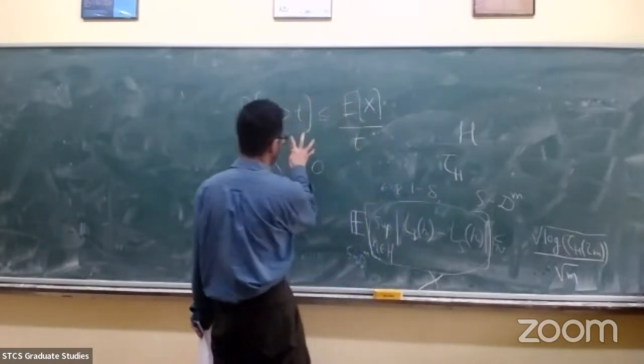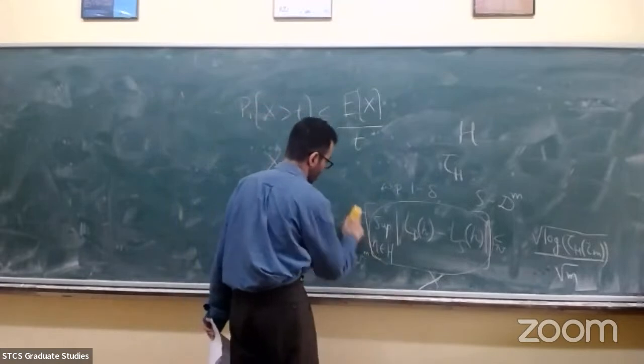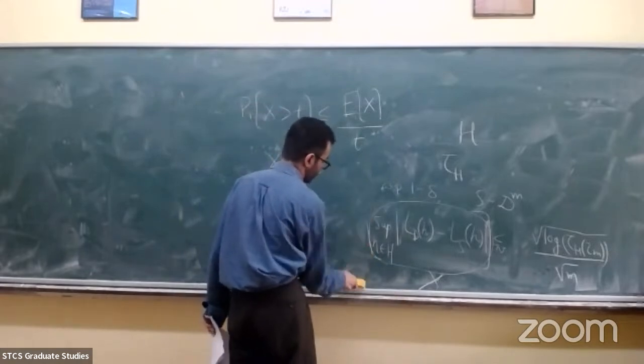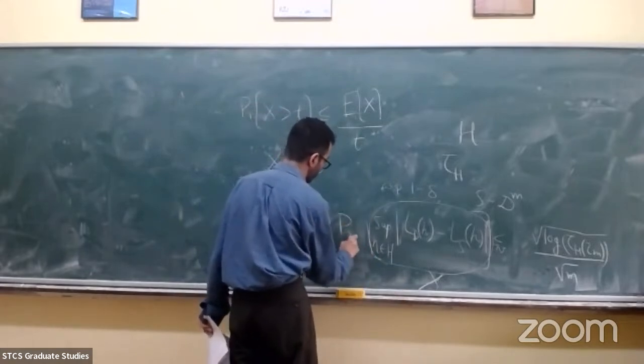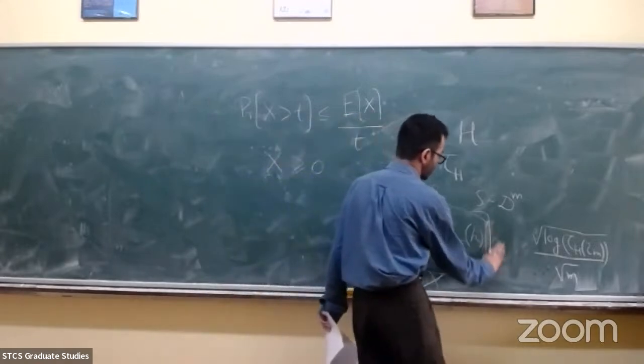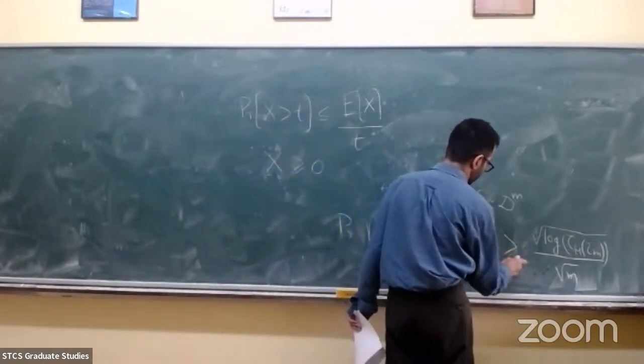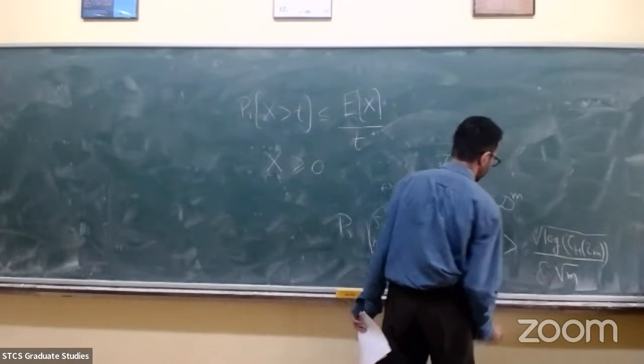So if I use this inequality, it gets me that the probability that this thing is more than this thing divided by delta is at most delta.